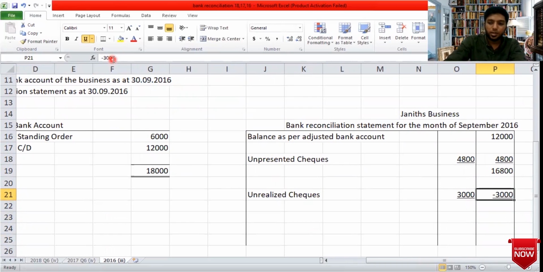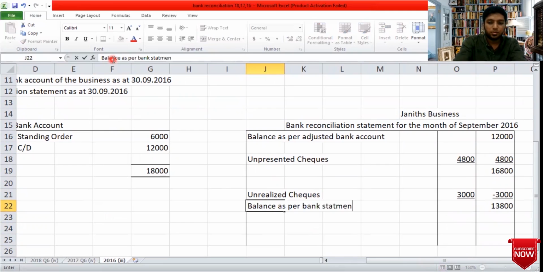So you will get a final balance of 13,800. You say it as balance as per bank statement on the 30th of September 2016.